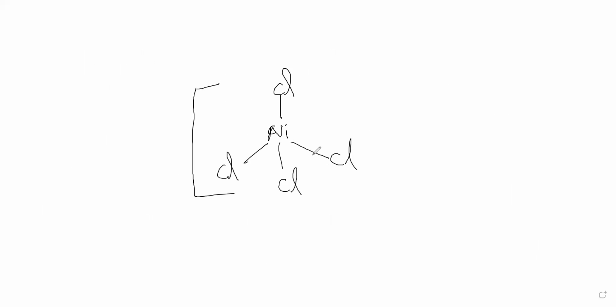Now let's draw this tetrahedral complex. This is Ni. You have Cl, it's like this, very simply. Cl, Cl, Cl. That's how your tetrahedral complex looks like. And then you have 2- on it. So this is the sp3 hybridization, tetrahedral. Like what you see in the CH4 structure, right?